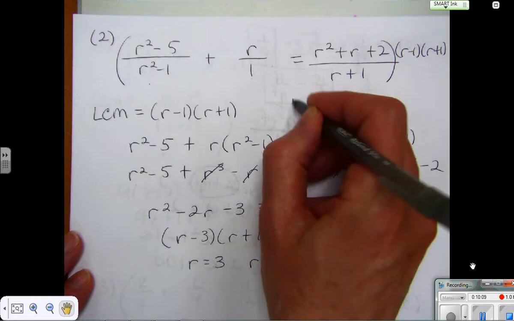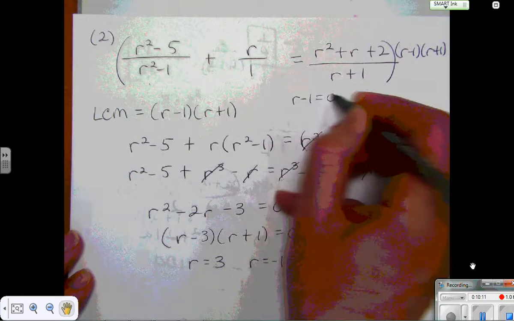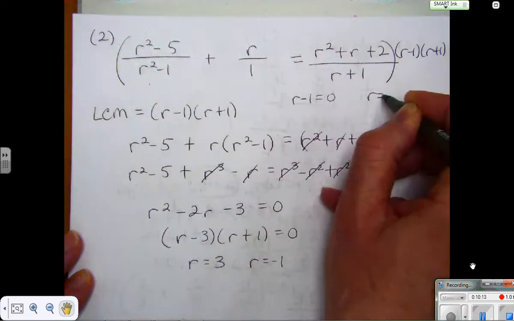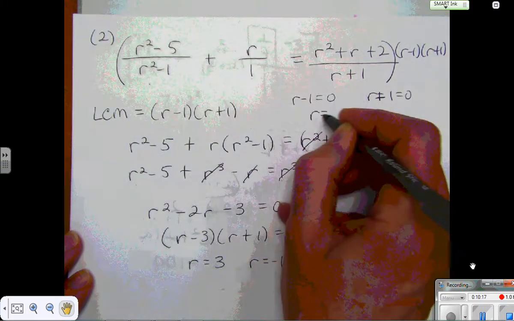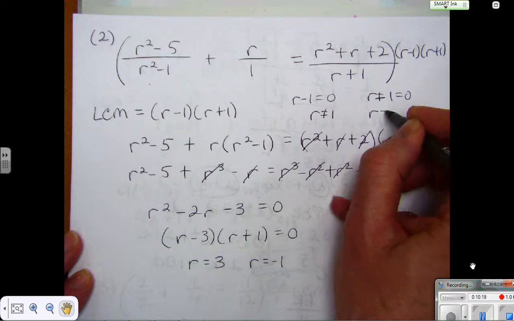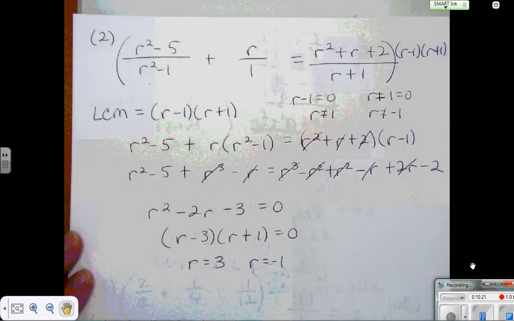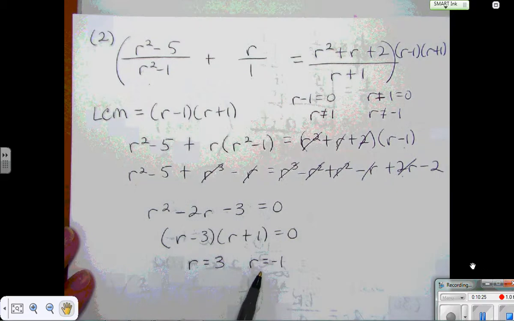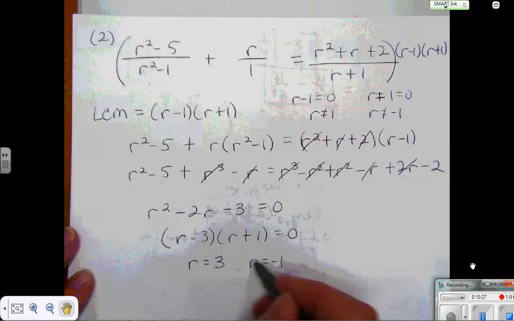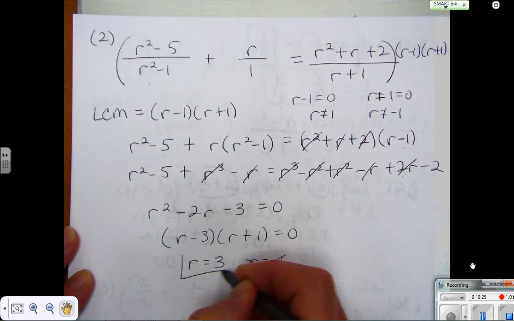Your restrictions, when I set the LCM equal to 0, R cannot equal positive 1 and R cannot equal negative 1. So I can't use this second value. Okay, I have to throw that one out. The only one that I can use is the 3.